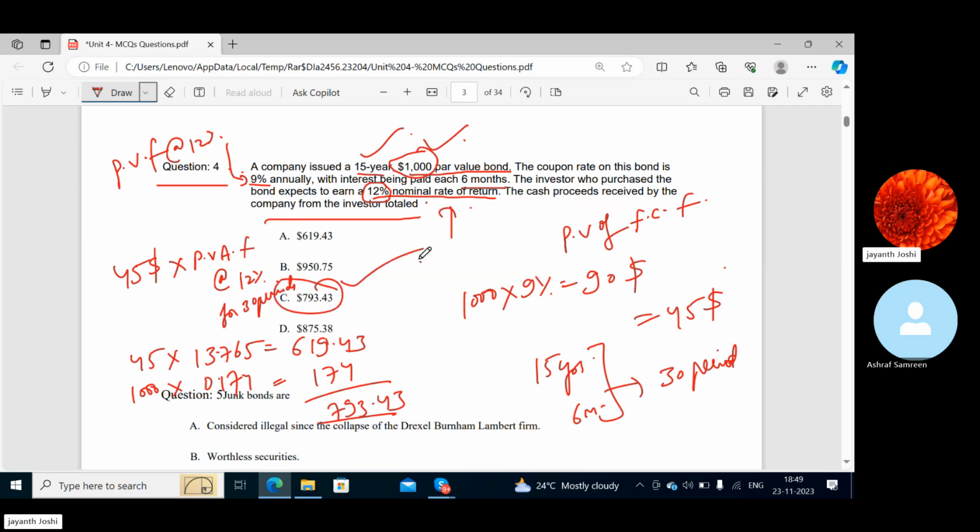In long-term financial management, there was a concept of finding out the bond price.